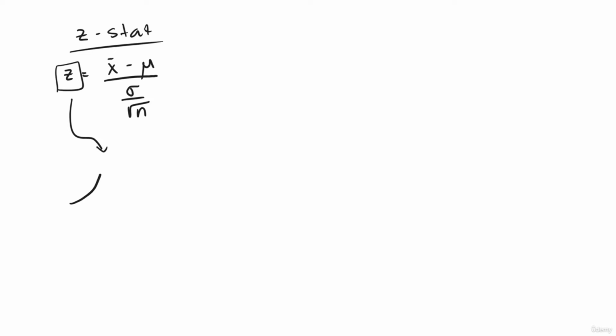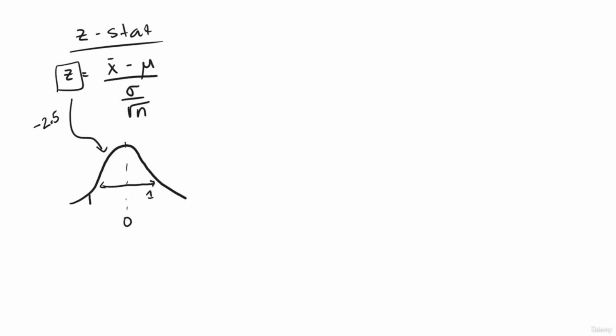For the z-statistic, just remember we use the standard normal, which has a mean equal to 0 and a standard deviation equal to 1. Remember, we're trying to get the probability of observing a z-statistic of this size or more extreme. Let's say the z-statistic that we have is -2.5. Well, -2.5 is going to fall somewhere around here, because 0 is here, so this would be negative, this would be positive.